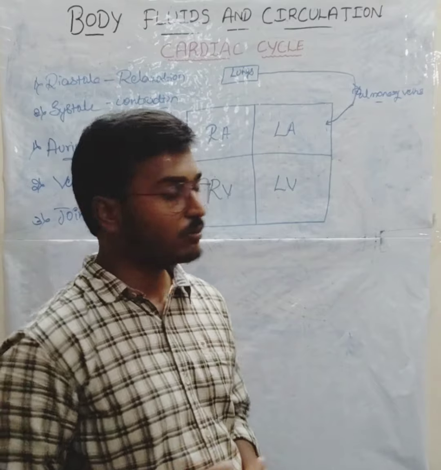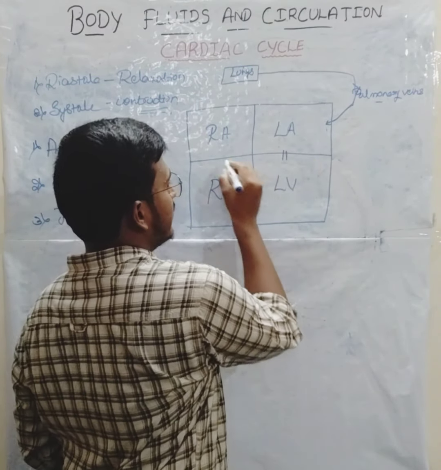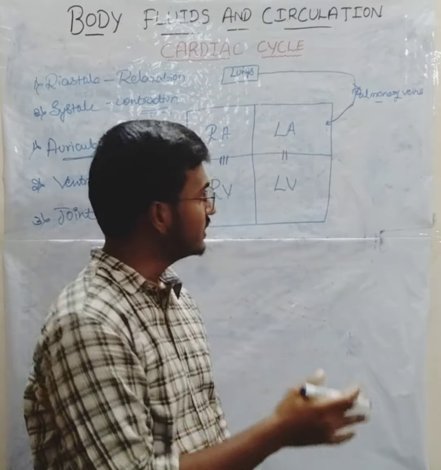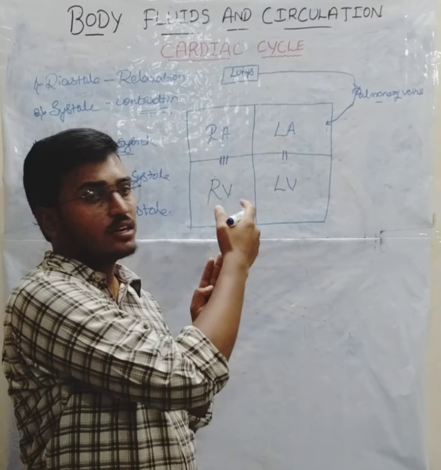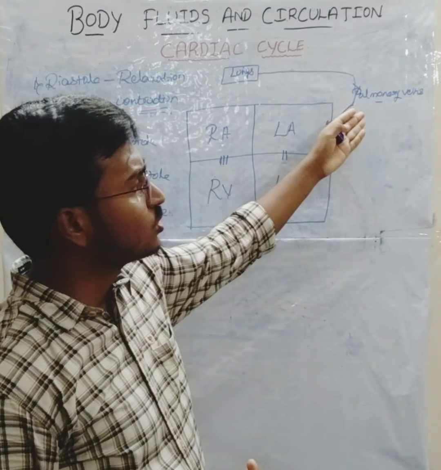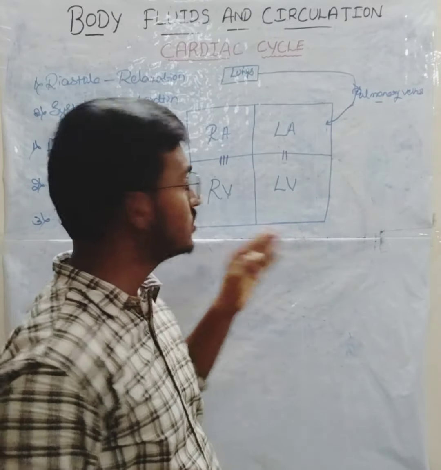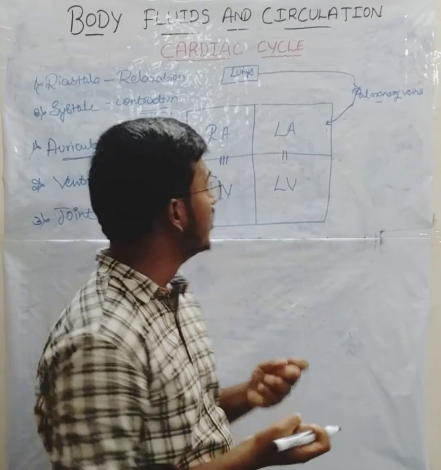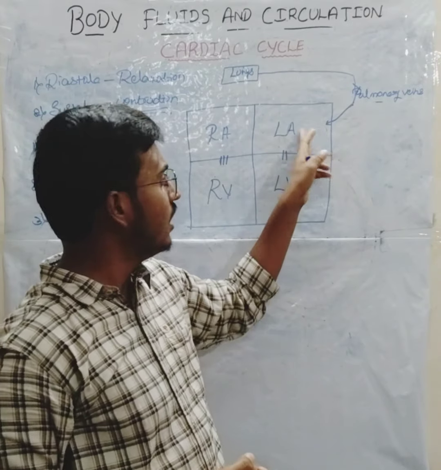We already told you about the valves in the previous video. Tricuspid and bicuspid valves are present. The bicuspid is present between the left auricle and the left ventricle, and between the right auricle and the right ventricle we have the tricuspid valve. From the lungs through the pulmonary veins, blood is flowing to the auricles.